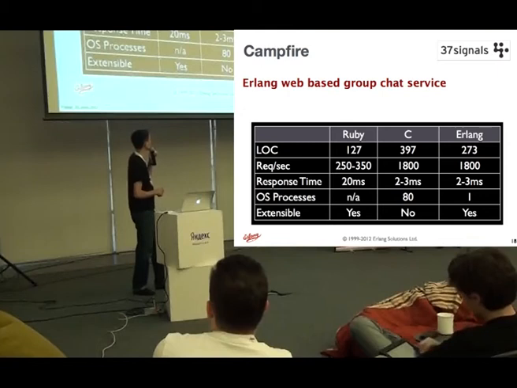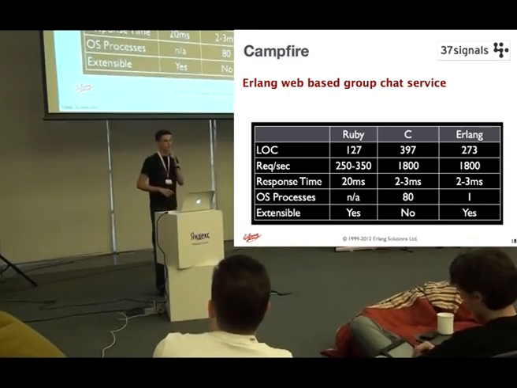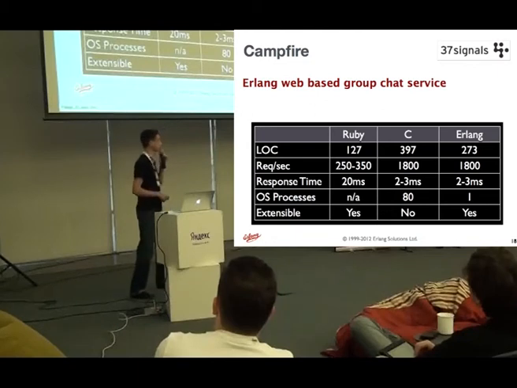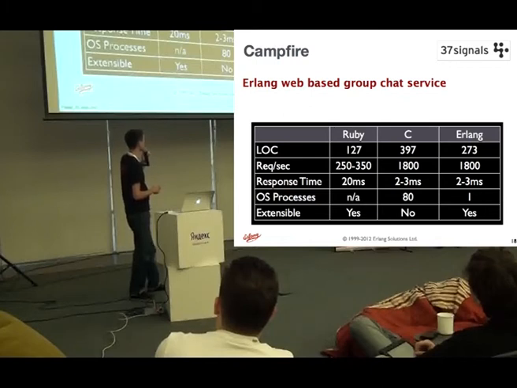Here we have two implementations in different languages of the same chat feature of Campfire, and the interesting bit is here that Erlang can serve almost as many requests as the C implementation would do, having a bit less code base to do the same.